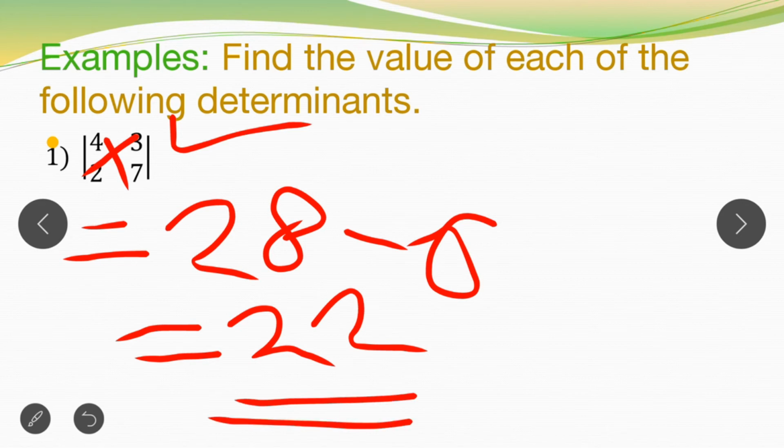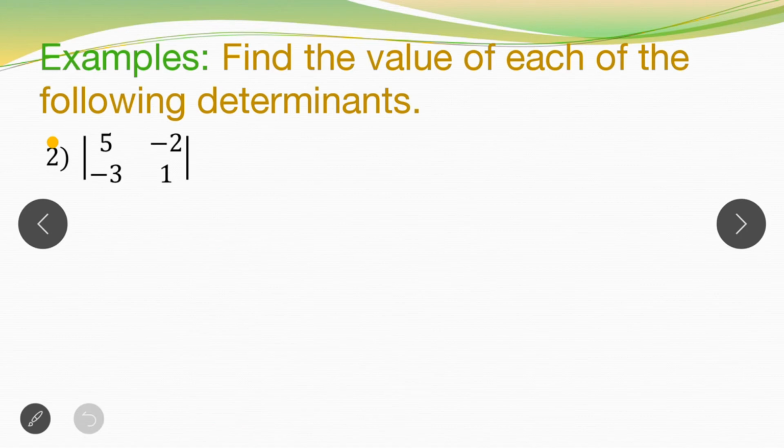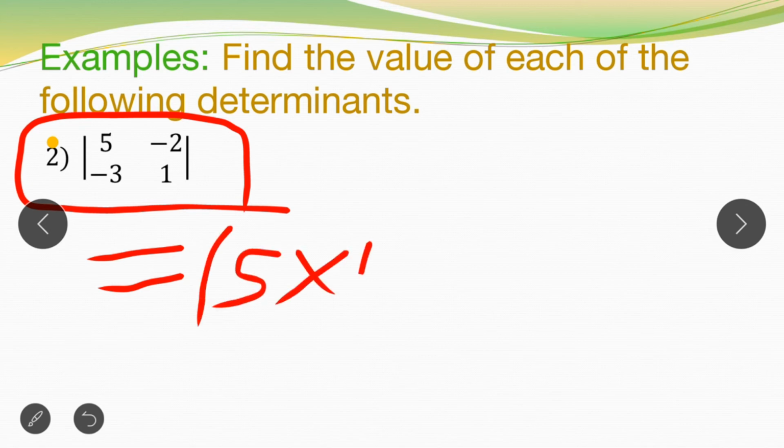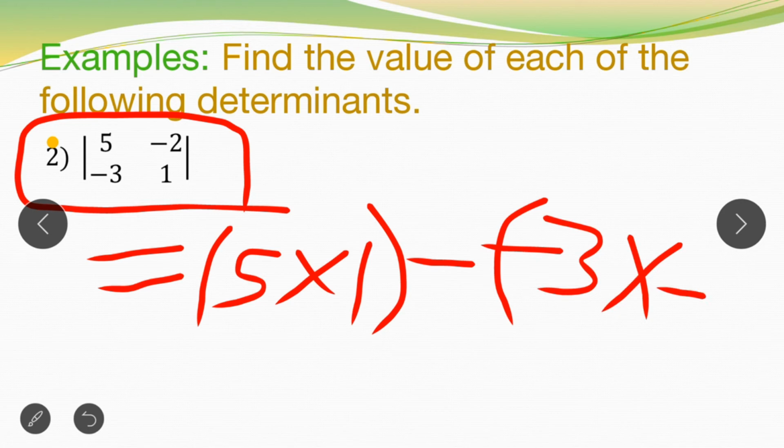In a similar way we solve the next example. Here the next example is determinant of 5, minus 2, minus 3, 1. Now here we have to take cross product, that is 5 into 1, minus the next cross product, which is minus 3 into minus 2.